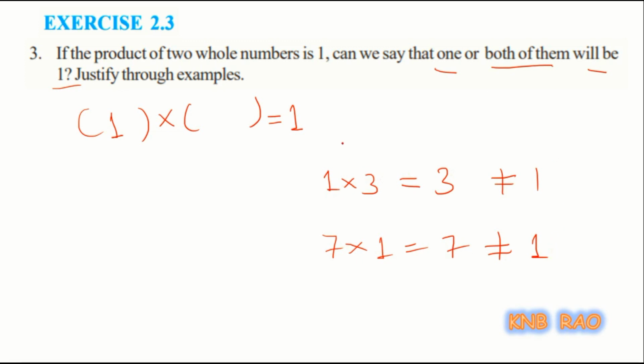So when will the product of any two whole numbers be 1? Only when both of them are 1. So it is compulsory that both are 1, then only it is possible. Okay, so through some examples you can verify this answer.